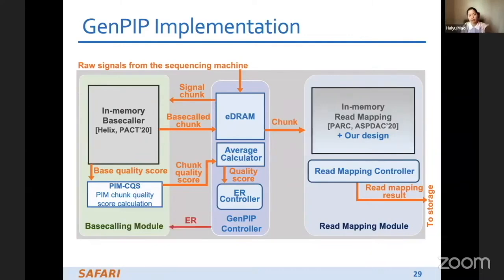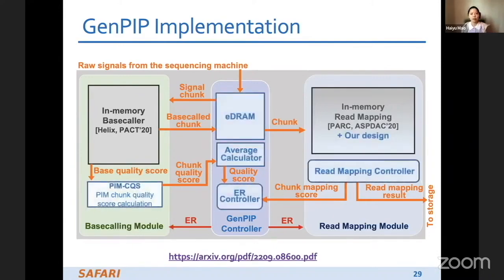If there's early rejection, then we send the signals to the base calling module to end the current execution on the read. And we also get the information from the read mapping module for the chunk mapping scores. And if there's early rejection based on the chunk mapping score, then we send the early rejection signal to both modules to terminate the execution of the current read.